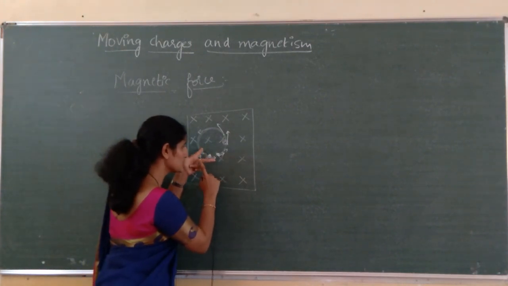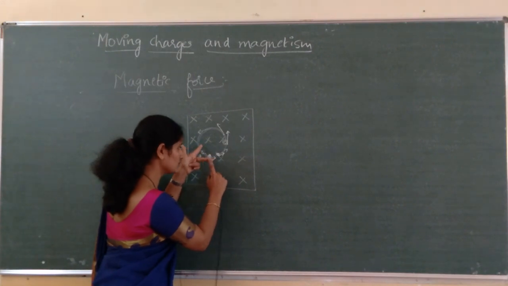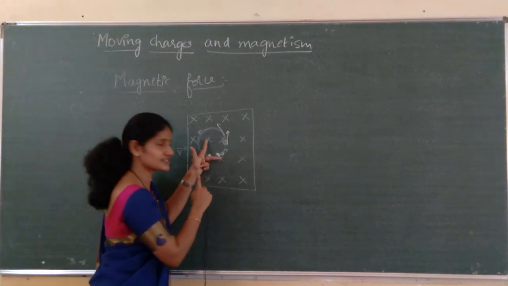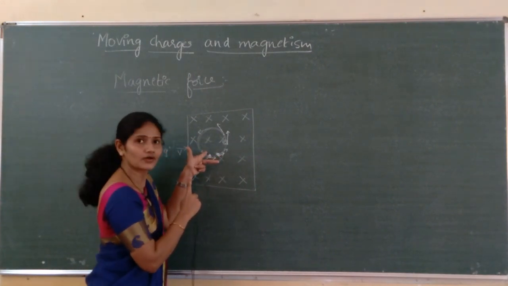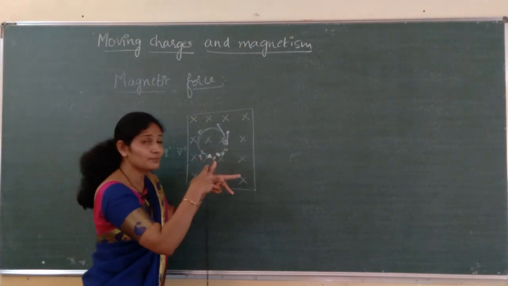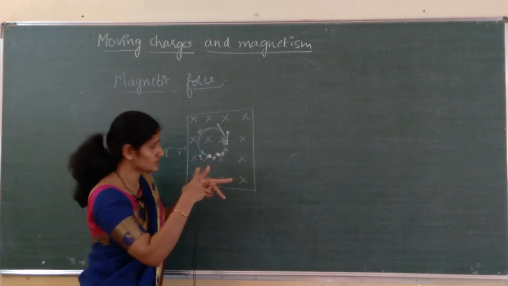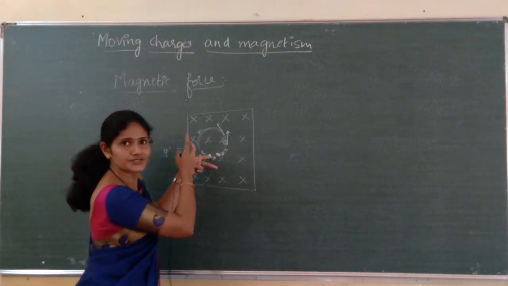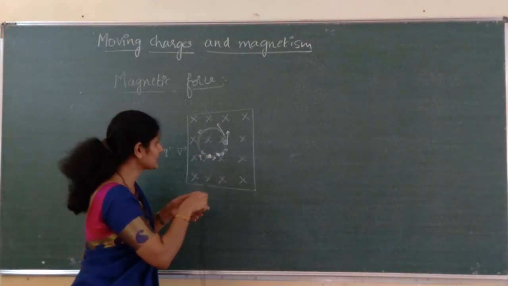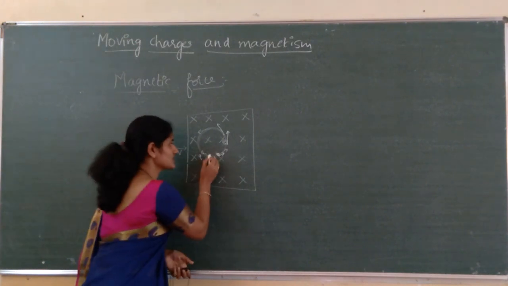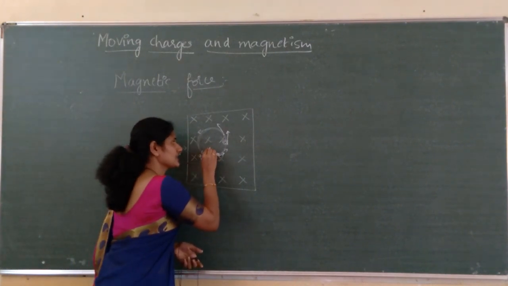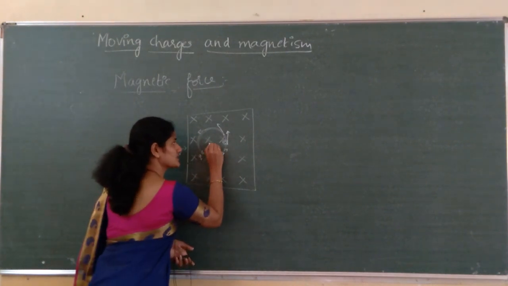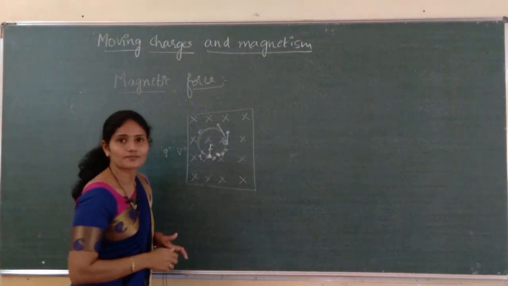Now the thumb gives the direction of magnetic force. So the direction of force is upwards. That means the magnetic force acting on this charge is in the upward direction.